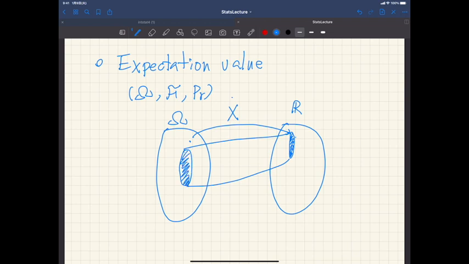Let's call this set A. Then this inverse image is X inverse of A. If this inverse image is an element of this sigma algebra, and this holds for any interval of real numbers, then this function X is a measurable function, because each of these inverse images can be measured by this probability measure.